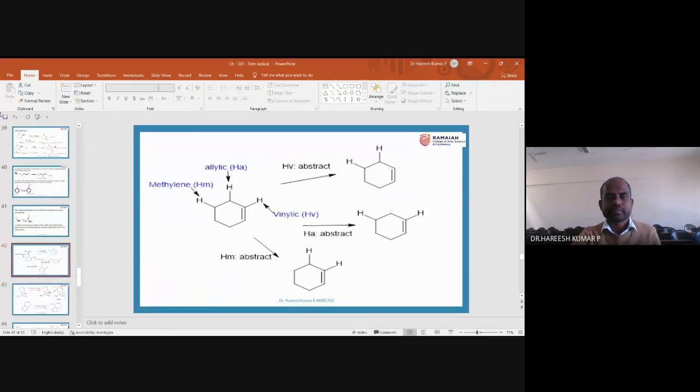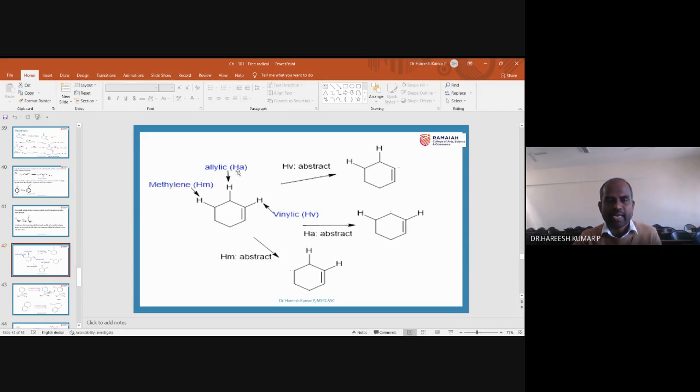Look here. This proton is directly attached to the double bond. That is the reason this proton is called vinylic proton. And the alpha position to this functional group, this is a double bond, to this alpha position is this, and this proton is called allylic proton.